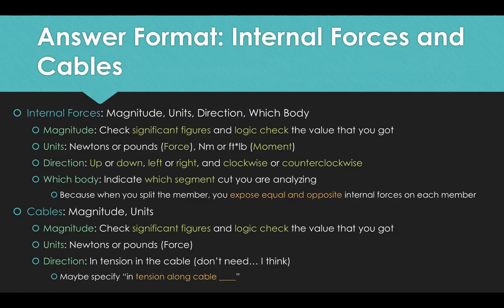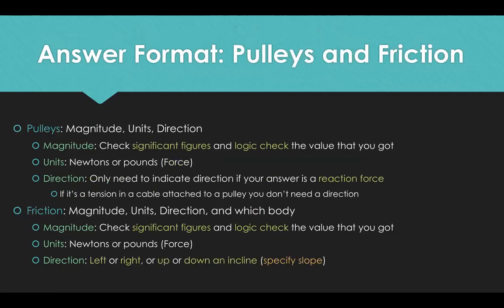Pulleys: magnitude, units, direction. Pretty standard. Friction: magnitudes, units, direction. The important thing on these ones that have direction is that if it's on a slope, specify the slope.